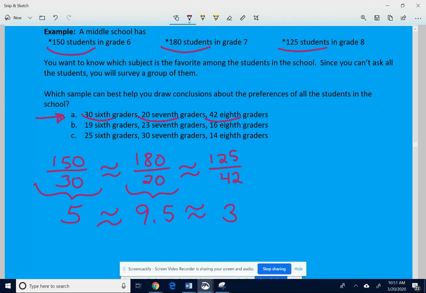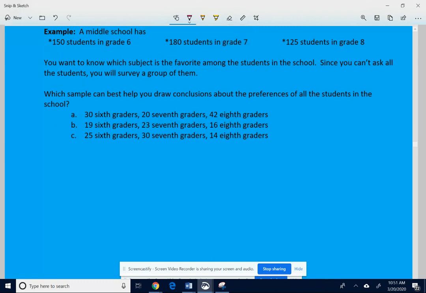Okay, those are not approximately equal to each other, so this would not be a good way to do the sample sizes. Because 5 and 9.5 and 3 are not even close to each other. You want these to be close to each other. Okay, let's look at B. I'm going to erase the whole thing here. We're going to look at choice B.